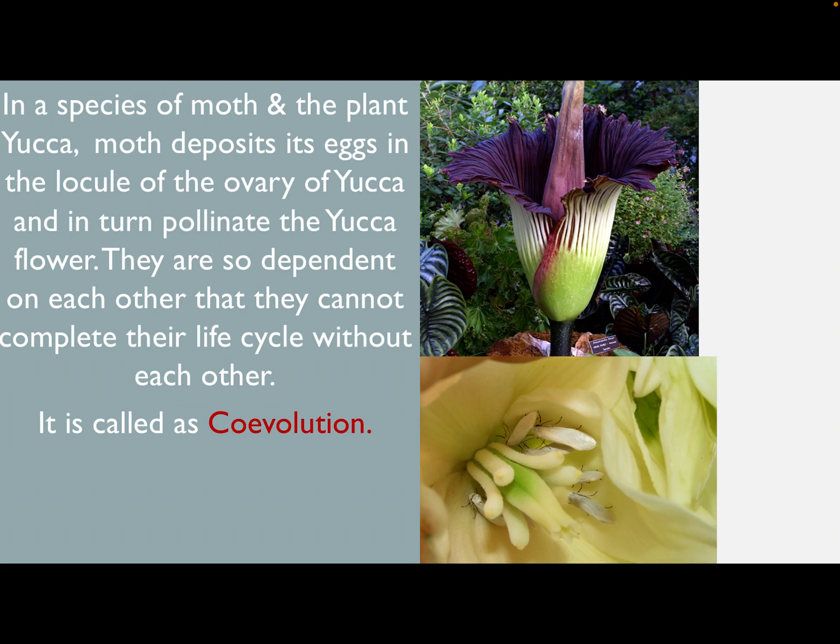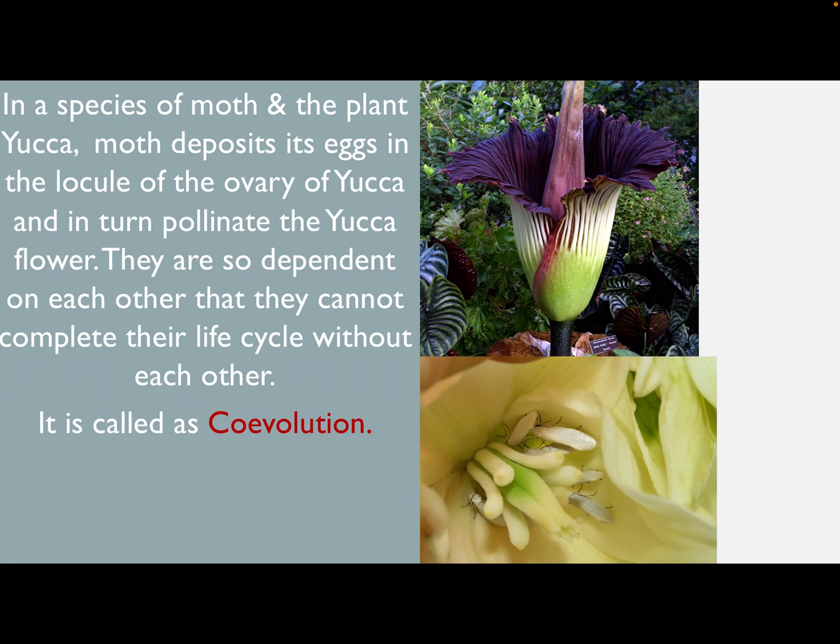There is another plant, the yucca plant, and it is very famous. Why is it famous? A species of moth and the yucca plant are very codependent on each other. The moth lays its eggs inside the ovary of the yucca flower, and in turn pollinates the yucca flower. When it goes to another flower, it takes the pollen grains from one yucca flower to the other and pollinates the flower.